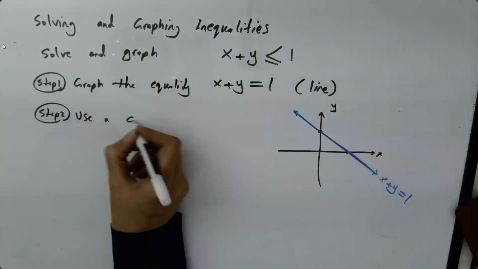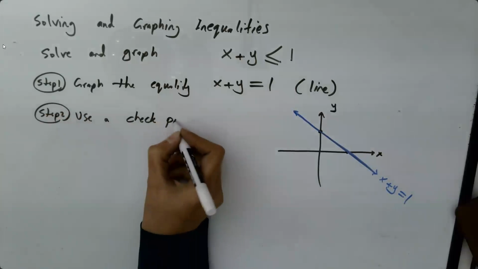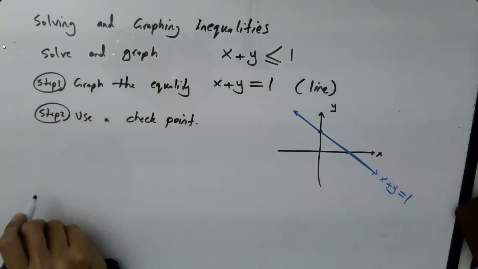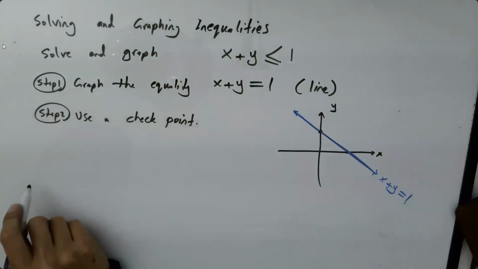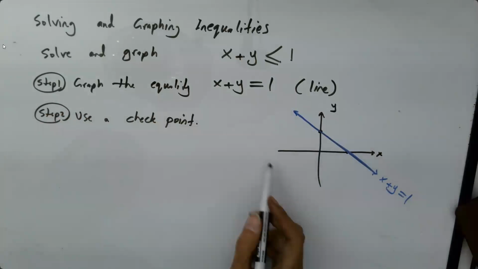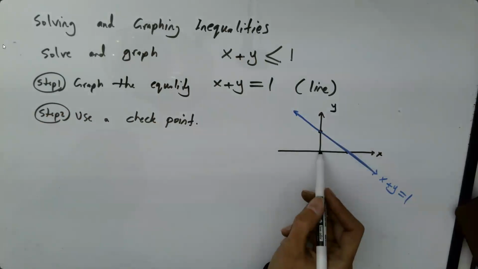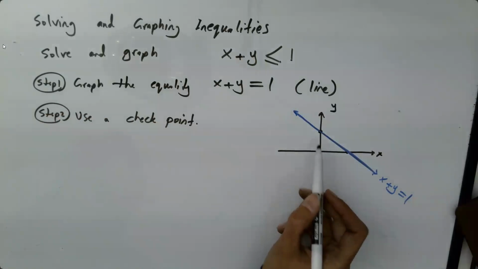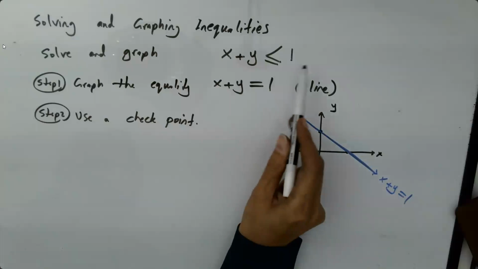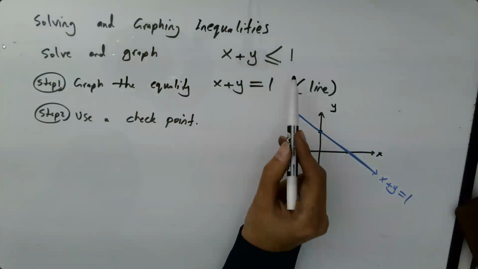use a checkpoint. A checkpoint? What is a checkpoint? So look at this line, and 0 and 0 as the origin. Does 0 and 0 satisfy this inequality?